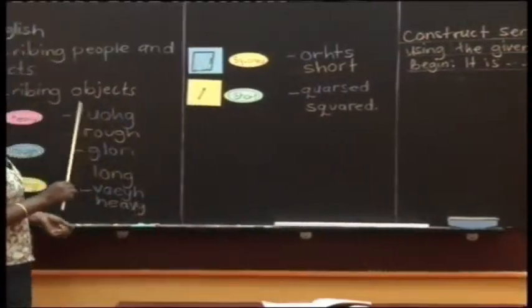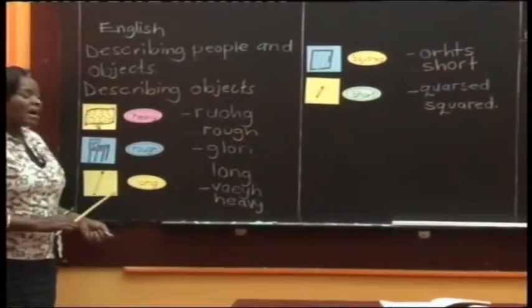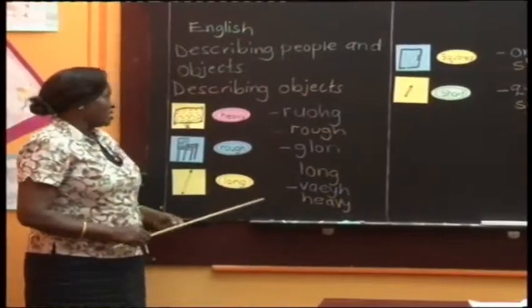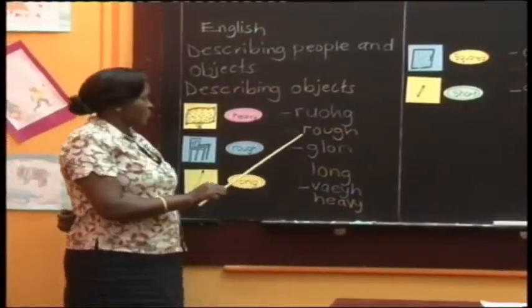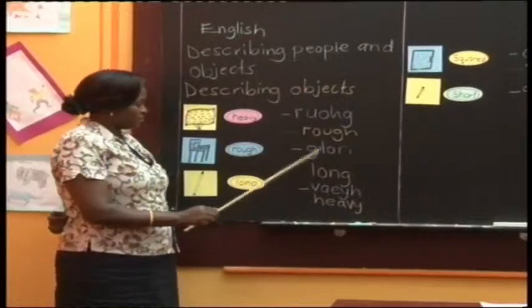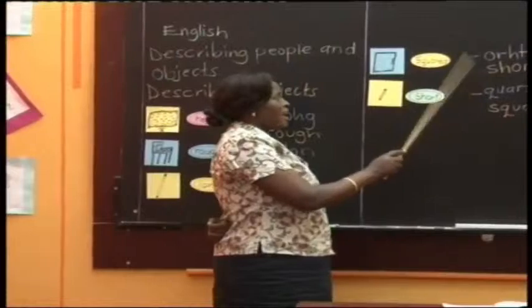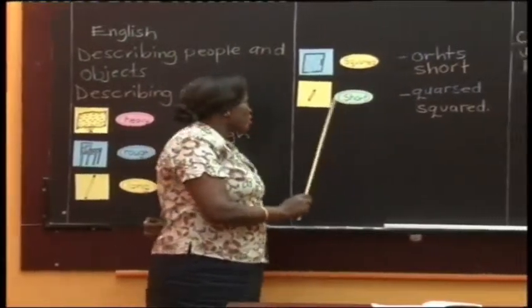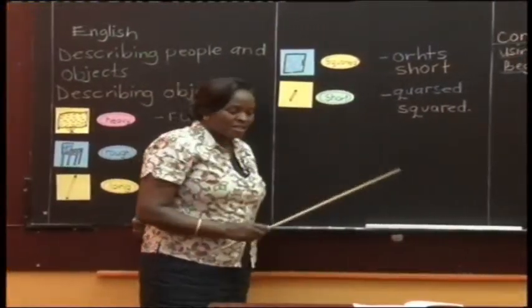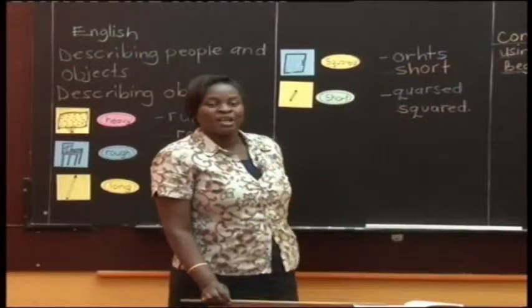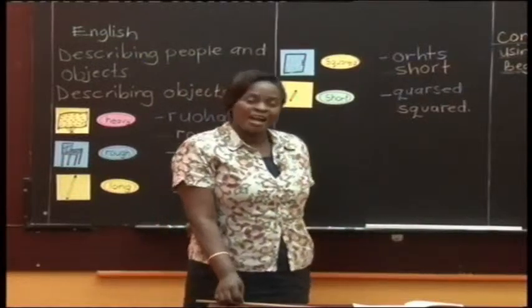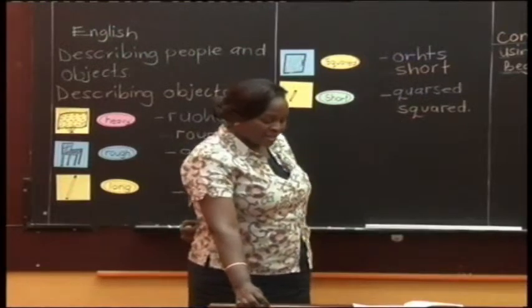These ones which we have looked at when we were describing our given objects for today. We'll have rough, long, heavy, short, and squared.